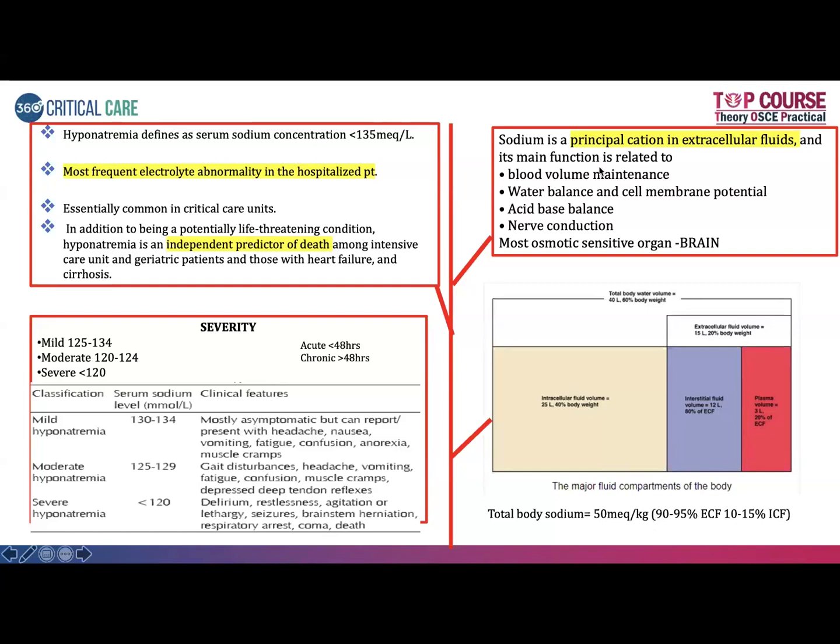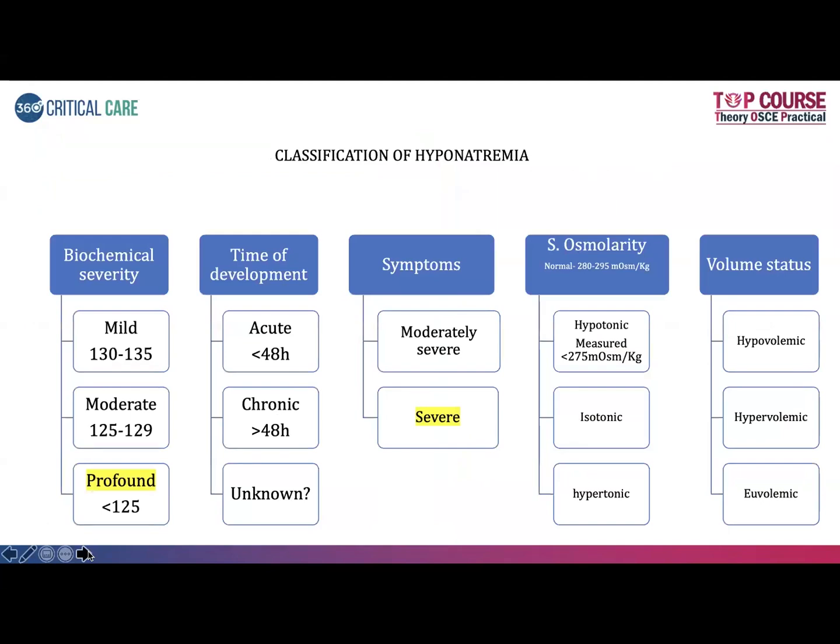So what are the main functions of sodium? It is important in maintaining the blood volume, water balance, cell membrane potential, acid-base balance, nerve conduction, and remember the most osmotically sensitive organ is the brain. And sodium is an important component which contributes to the osmolality of blood.